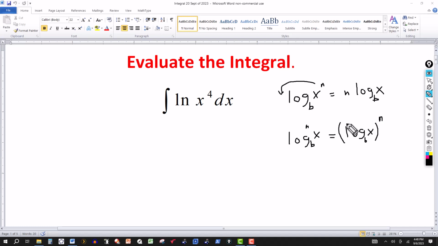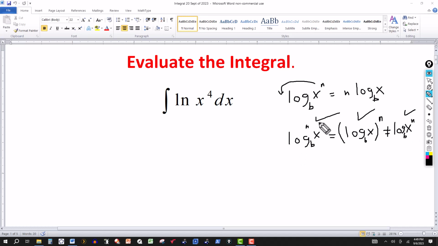But it's important to note that this right here is not the same thing as the natural log of x to the nth power to that base. So there is a difference between this and this.